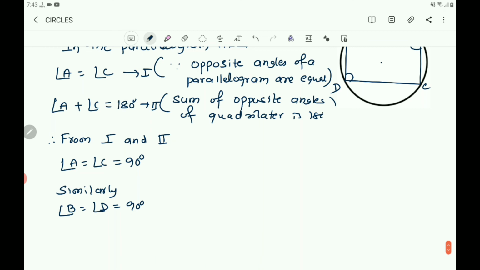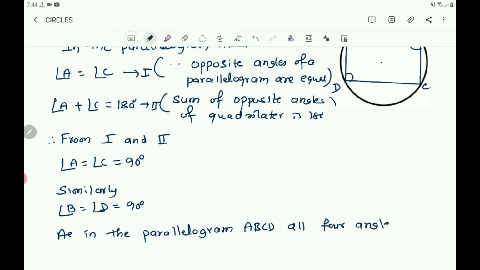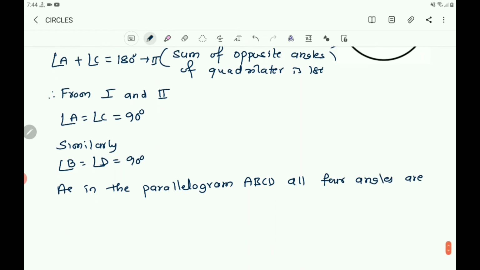Therefore, as in the parallelogram ABCD all four angles are 90 degree, it is a rectangle.